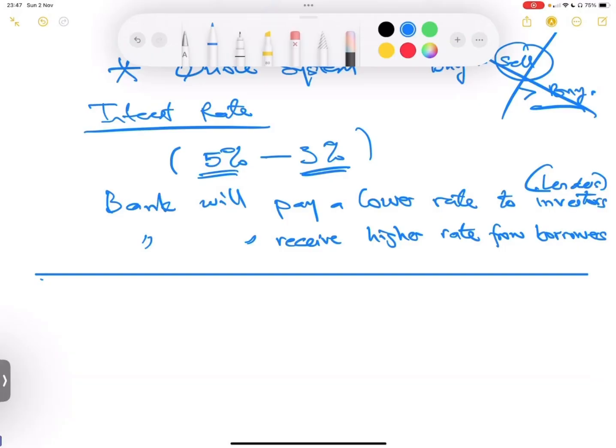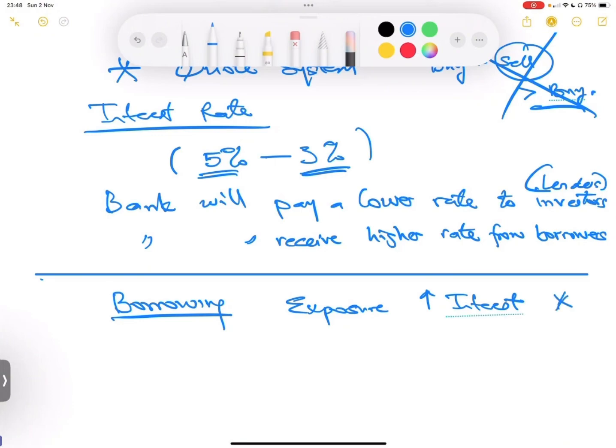So what we are saying invariably is that when you have a borrowing, what is your risk? Your exposure is that you don't want interest to go up. Anybody that have borrowings will be so scared of this.